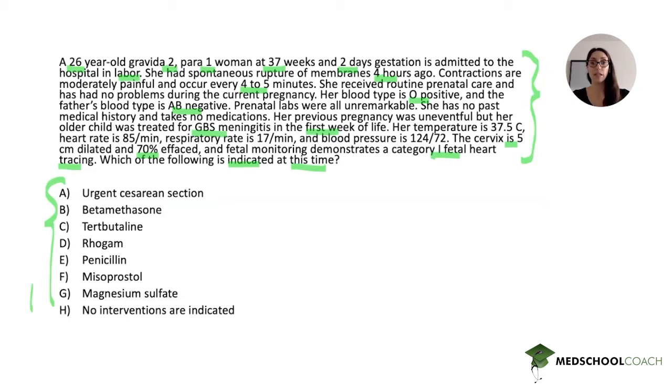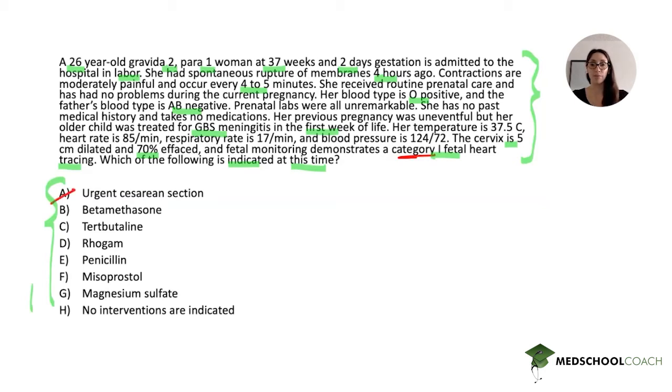Based on this fetal heart tracing, which is reassuring, and the appropriate progression of labor with appropriate cervical change in the setting of regular contractions, and otherwise mom is hemodynamically stable and baby is stable, there's no indication for an urgent C-section. So we can cross that one off.